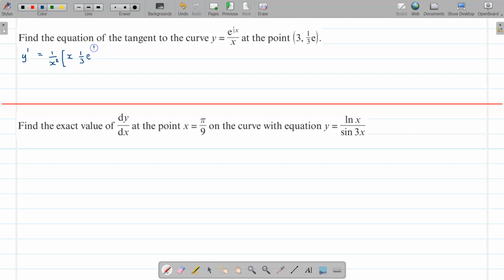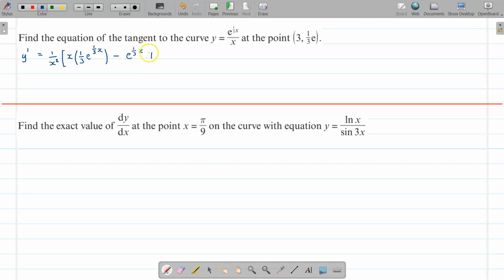Okay, make sure your powers are clear and elevated from the main part of the function. Okay, and that is then the v du by dx, and then I need to subtract the u, which is e to the third x, times dv by dx, which of course is just 1.